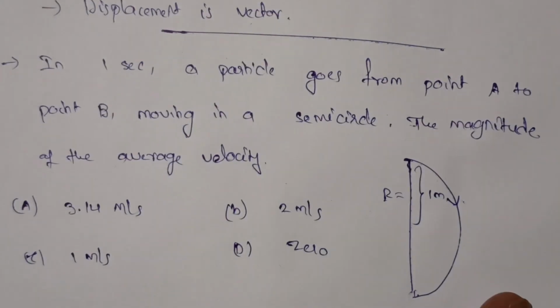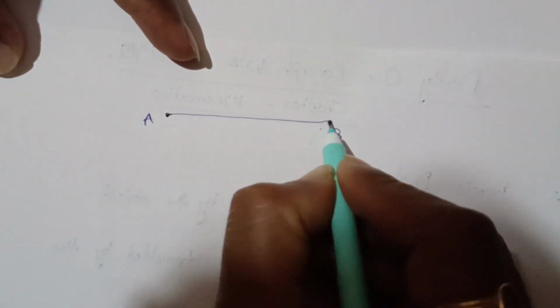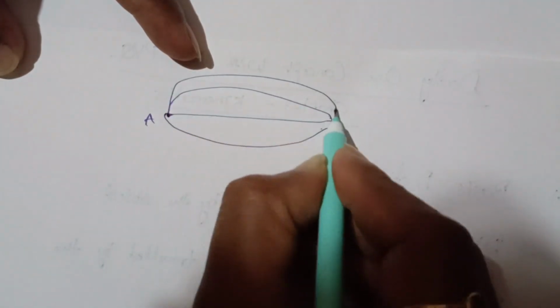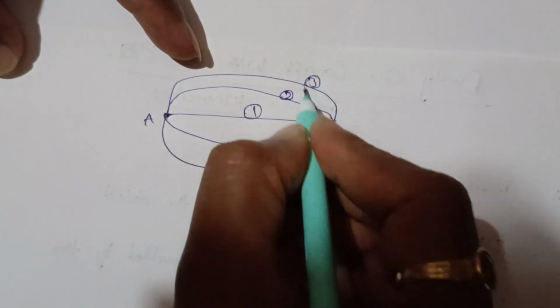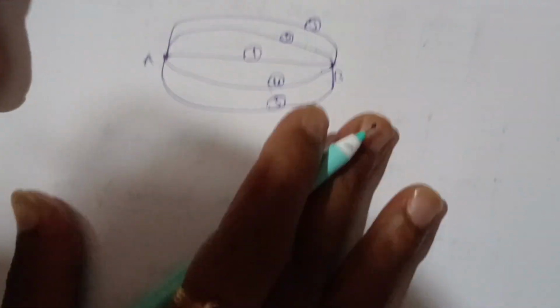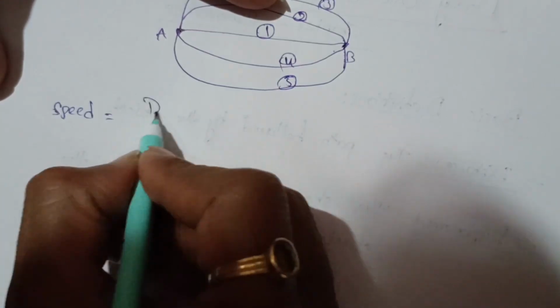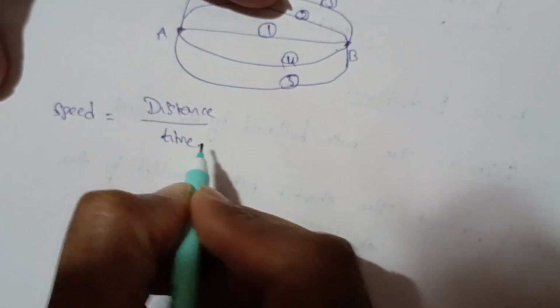Actually they are asking a question based on average velocity. Now we will see, suppose the object starts from A and moves to B like this, or like this, or like this, whatever path it is following, path 1, path 2, path 3, path 4, path 5. Now speed is distance traveled by time taken.